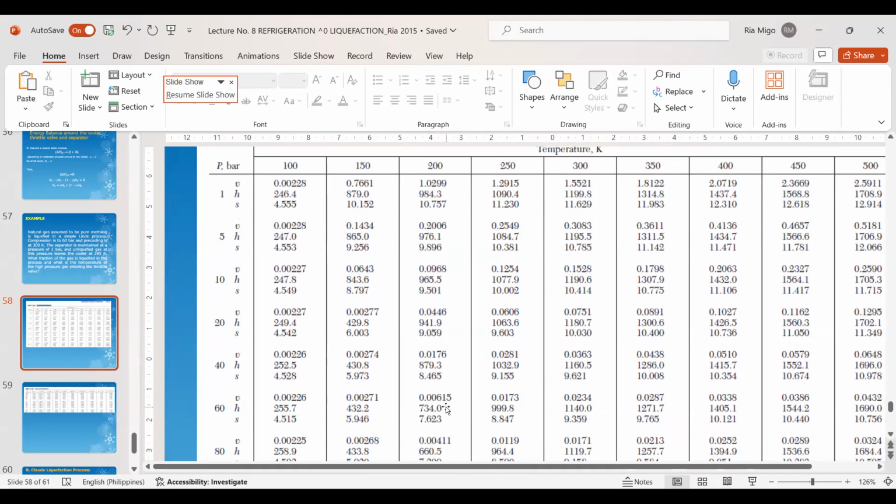So that's between these two temperatures, between 200 and 250. By interpolation, I interpolate at enthalpy equal to 768.94. I interpolate at the pressure and enthalpy.